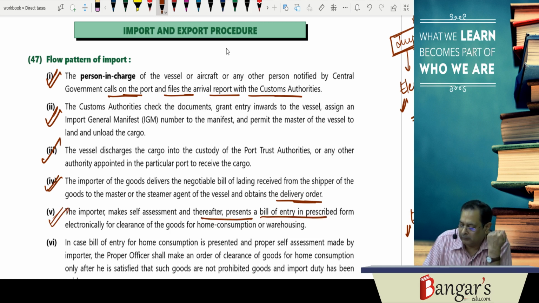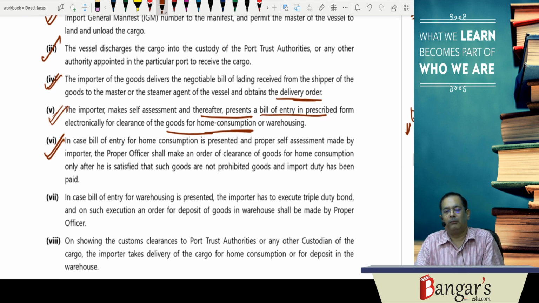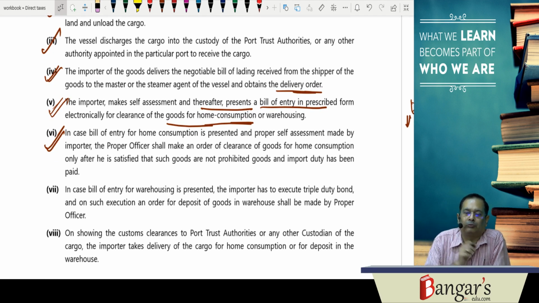Thereafter, he presents the bill of entry electronically, either for home consumption or for warehousing. In case the bill of entry for home consumption is presented, and if the self-assessment made by the importer is correct and he has deposited the duty, then the proper officer will give an order for clearance of goods for home consumption.